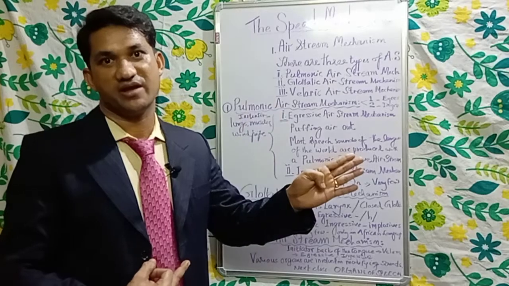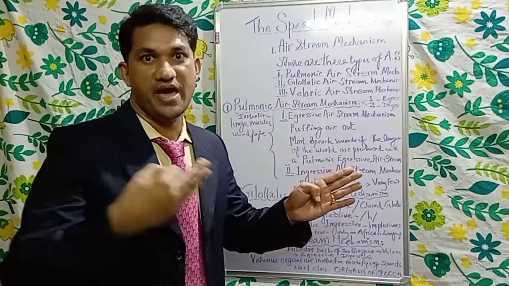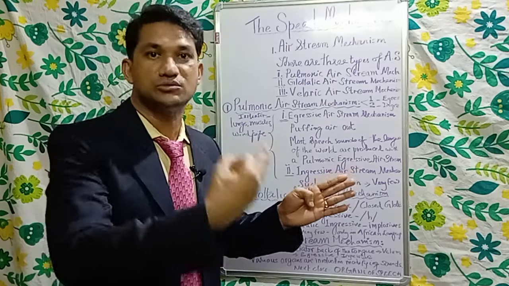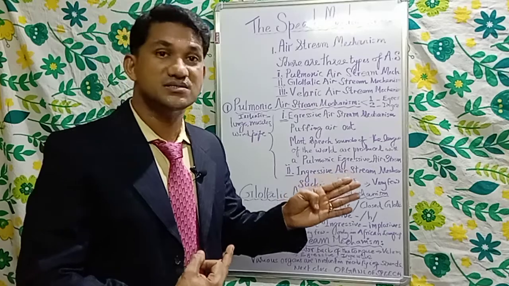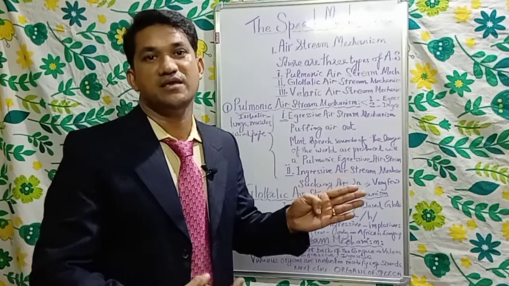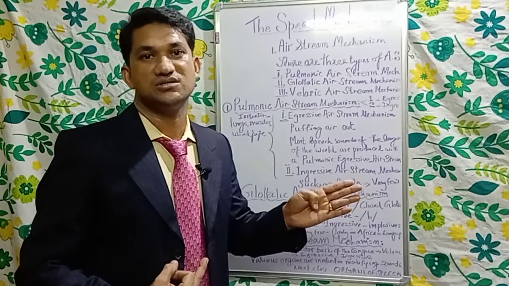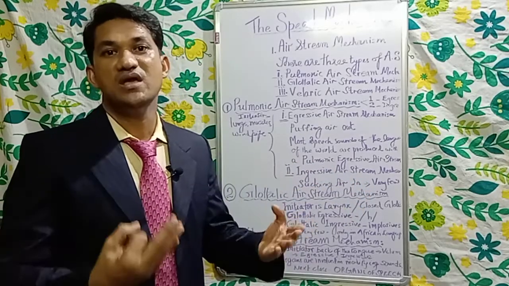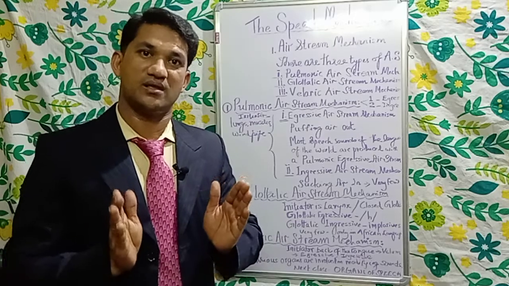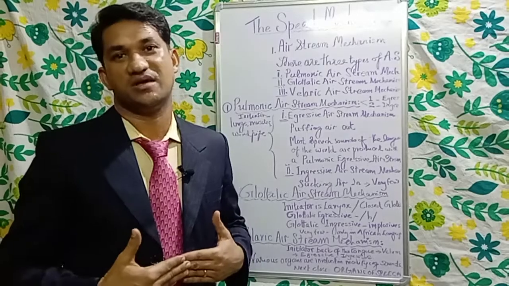Then glottalic aggressive: air from the lungs goes out through the glottis, and it is glottalic aggressive airstream mechanism. If the air goes in through the glottis, it is glottalic ingressive airstream mechanism. And last, we have the velaric aggressive airstream mechanism and velaric ingressive airstream mechanism.